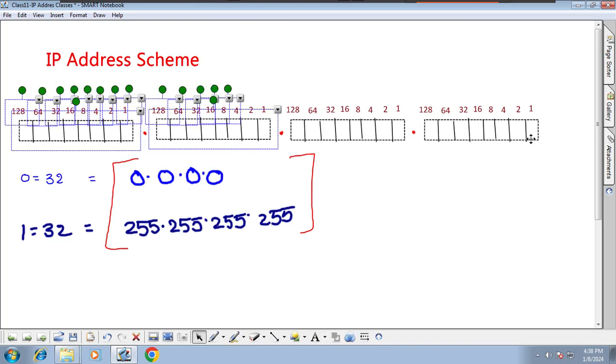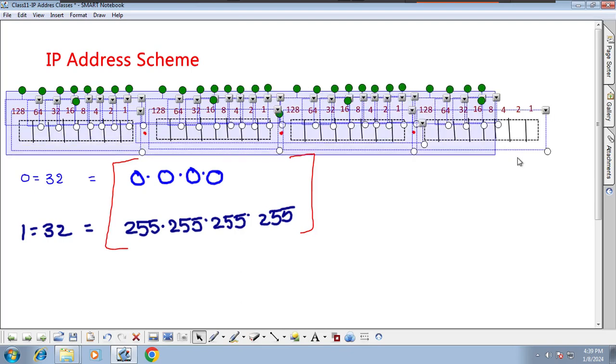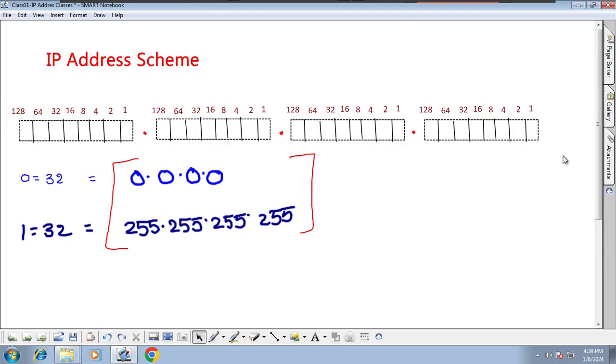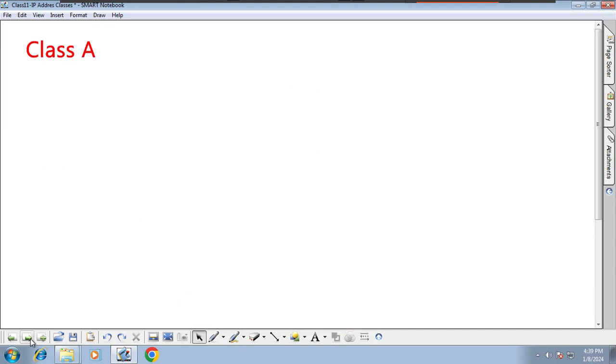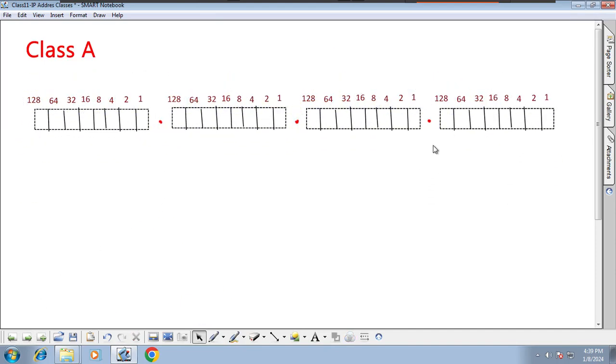Let me take this. It's a little bit slow. I copy this. This is 32 bits, right?